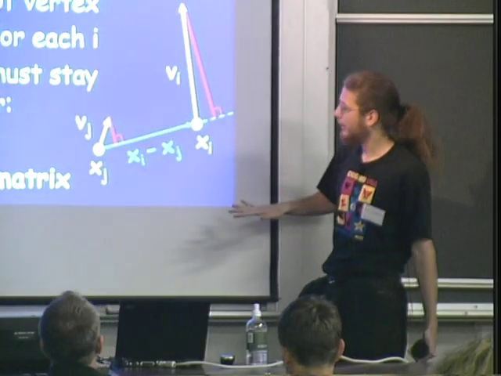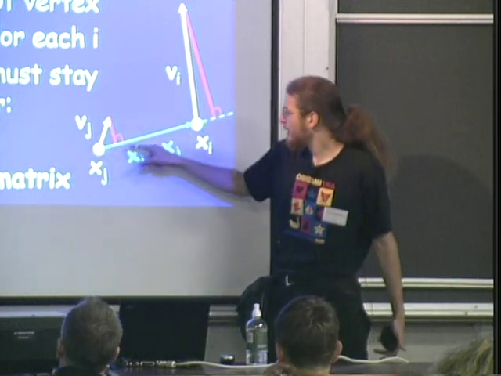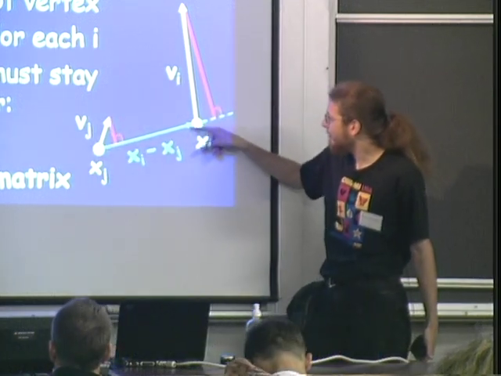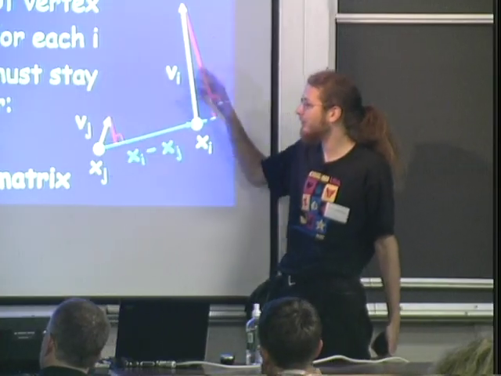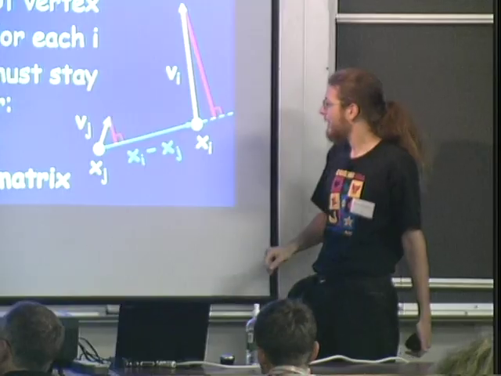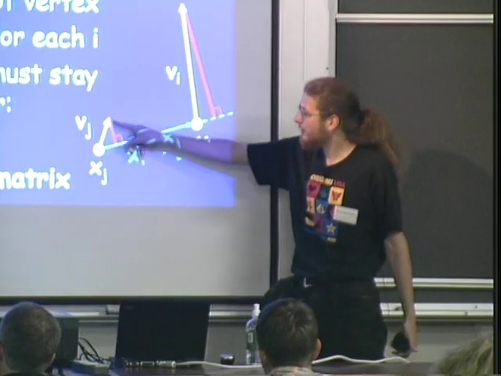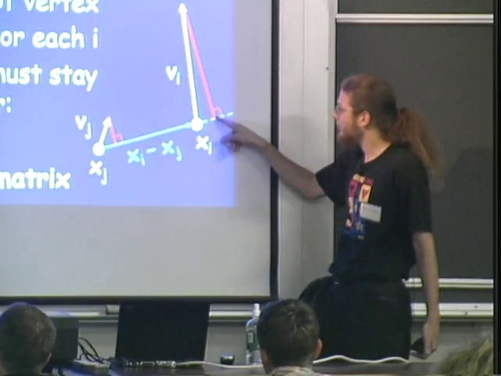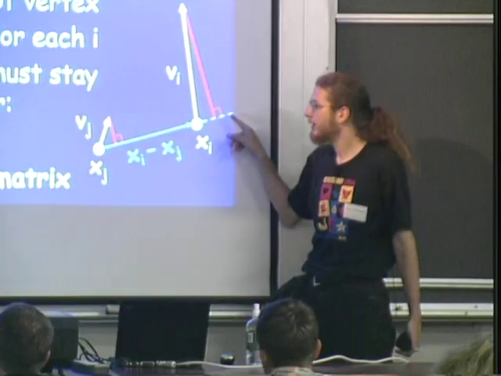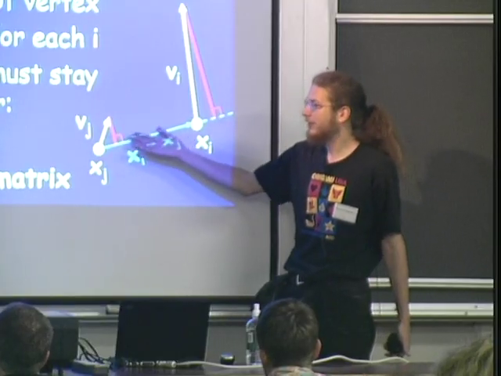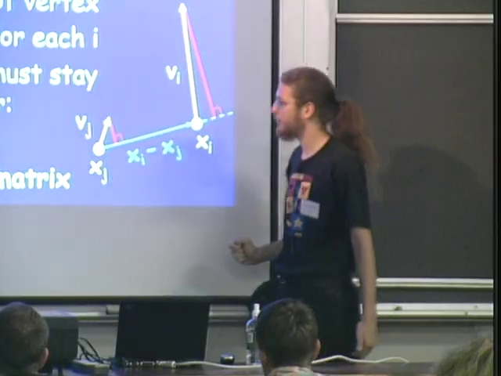Okay, it turns out the equation is this. So xi here is the location of vertex i, xj is the location of vertex j, and vi and vj are the velocity vectors. If you want to measure the first-order change of this length, you just project these vectors down onto this bar, or the extension of that bar, and the projection is exactly this dot product. So you get the dot product of this vector and the difference between those 2 vectors.